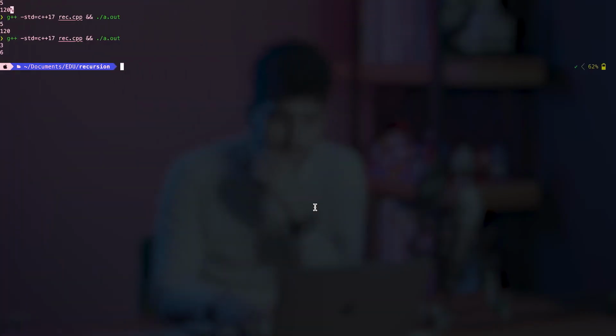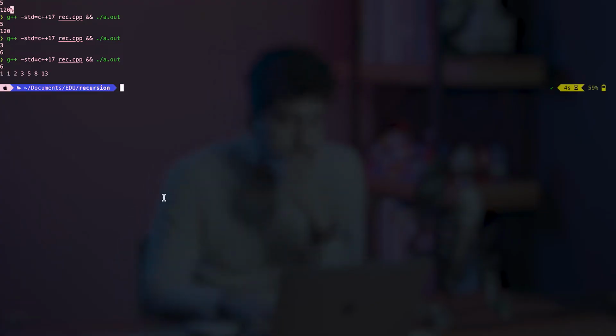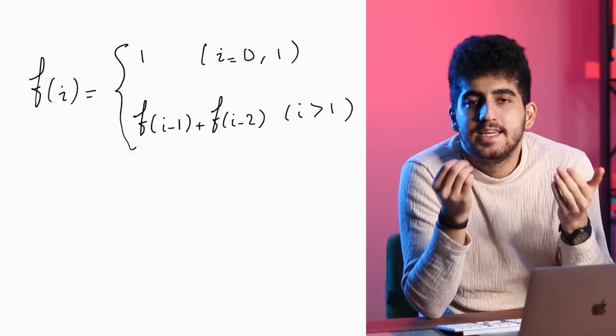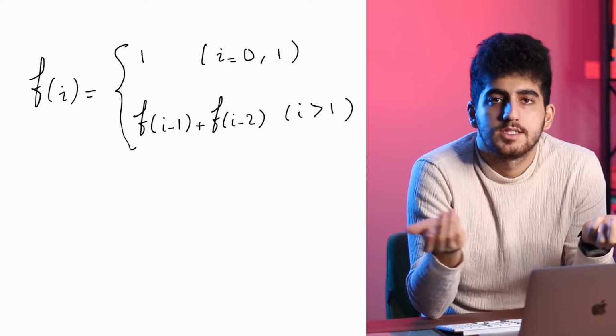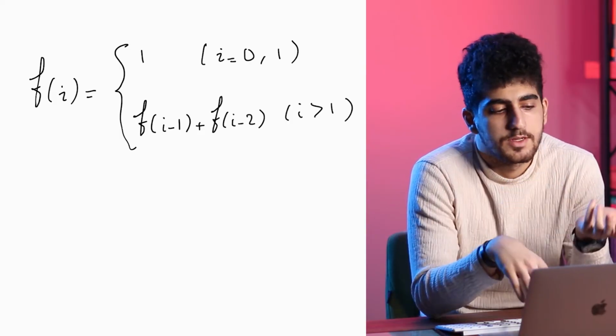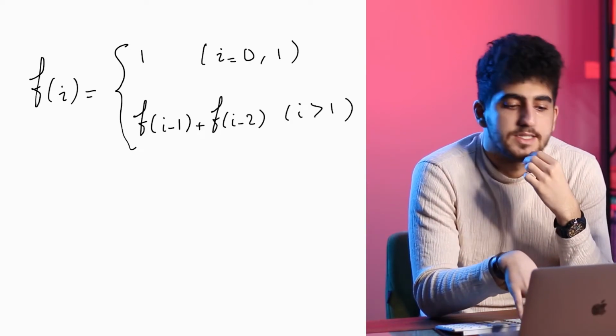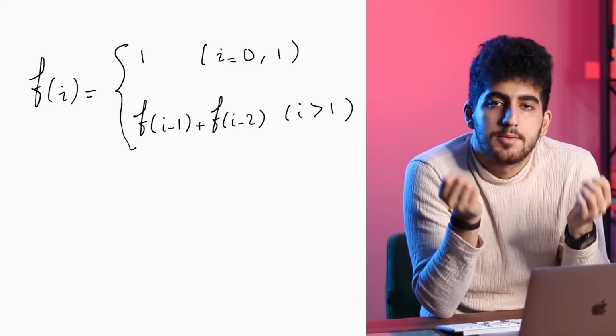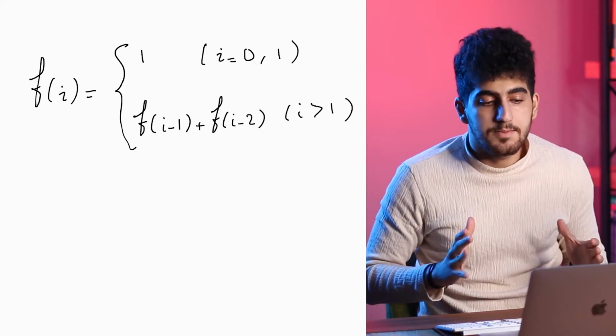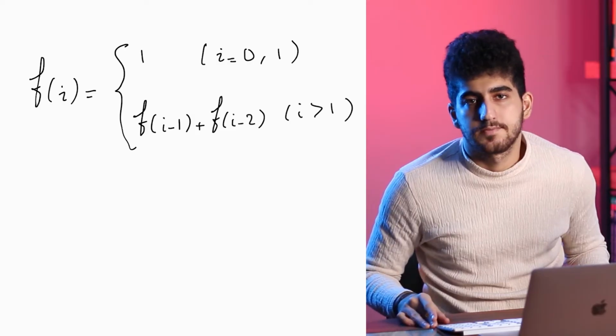Now let's see how this one works. If I give, for example, 6 to it, it will give me 1, 1, 2, 3, 5, 8, and 13. So it gives me the Fibonacci sequence as I wanted. It's working properly. This is another instance where we are solving a problem by solving the same problem on smaller instances.